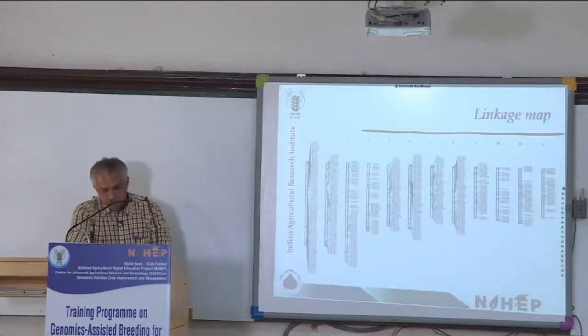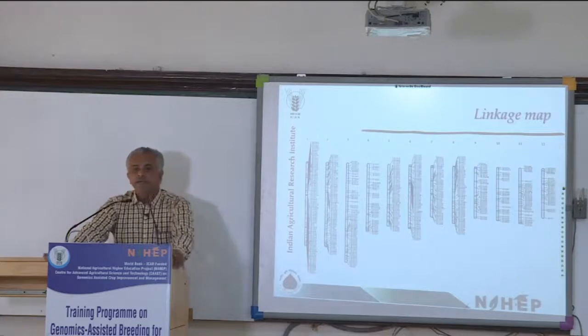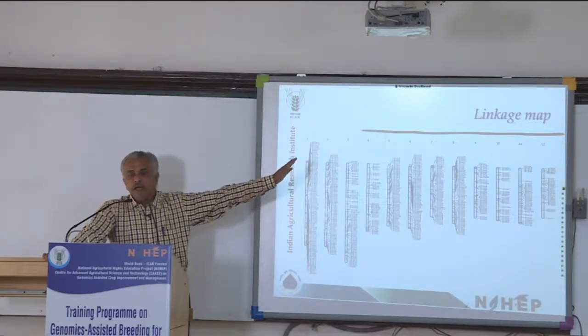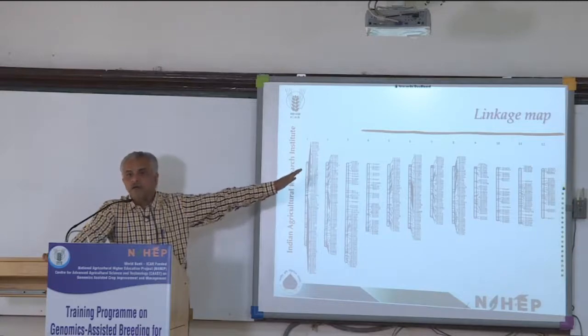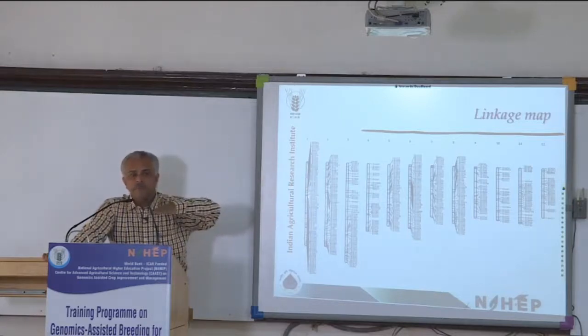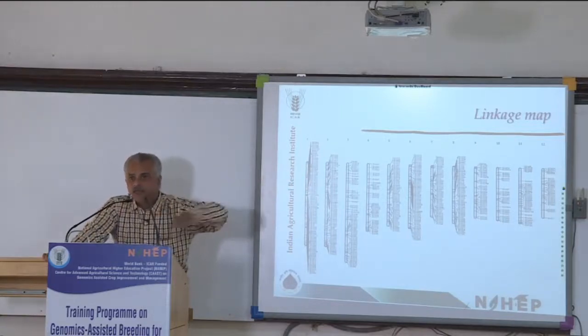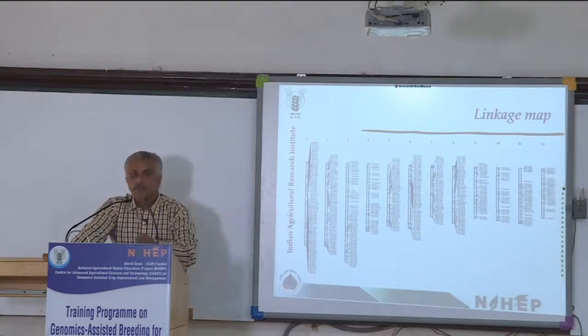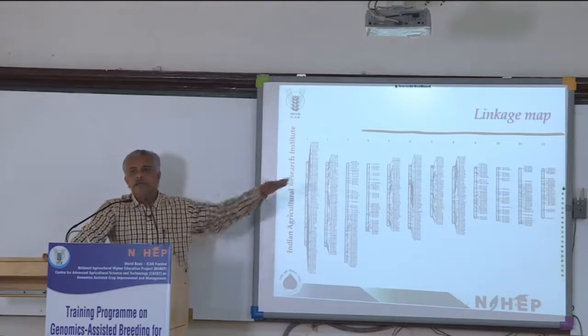Now, ultimately, by arranging all the polymorphic markers segregating across the progenies, you get a linkage map.